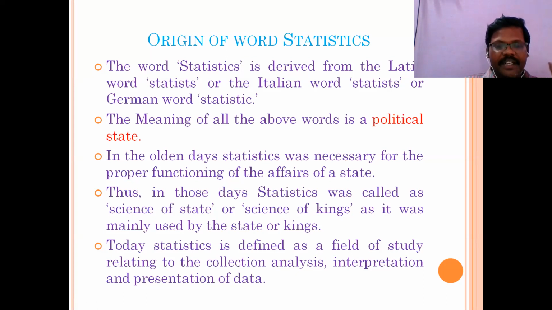In the olden days, that is, in ancient days, statistics was necessary for the proper functioning of the affairs of the state, that is, state affairs. The king wanted to know the government record, the numerical data: how much army, what was the strength of the army of the country.